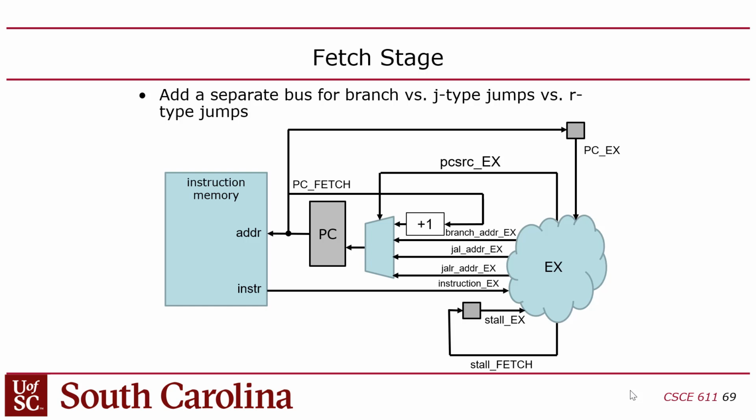Which actually makes a lot of sense, because if you don't have a branch delay slot, then you end up having to put a no-op in there dynamically at runtime anyway, which is what we're doing here, right? So in our CPU, we don't have a branch delay slot, but if you have a branch that's taken, you have to essentially use the hardware to slip in a no-op, right?